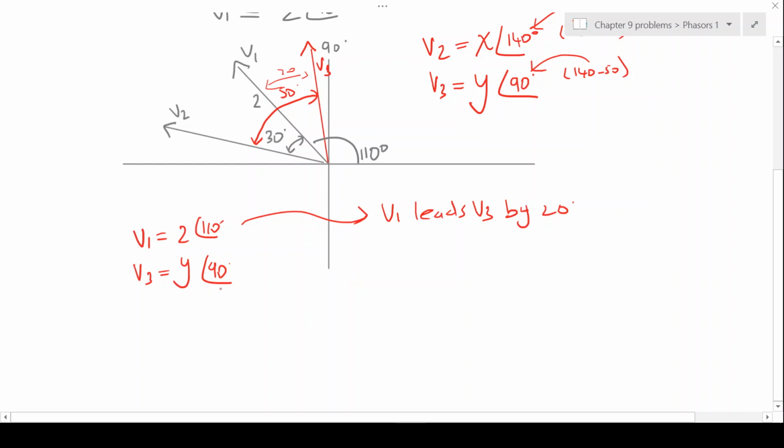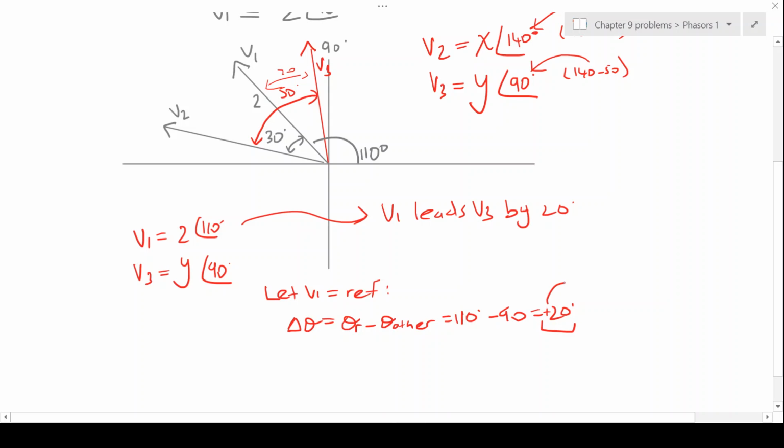If this is not clear, then what we can also do is we can say let V1 equal the reference. Then delta theta is going to give you theta reference minus theta other, which basically gives us the reference angle 110 minus 90, which gives you positive 20, right?